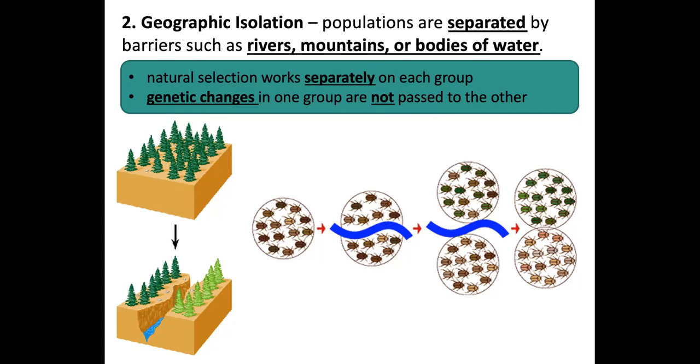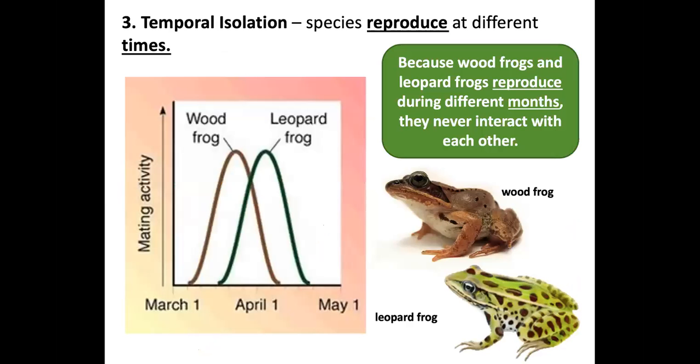The last one is temporal isolation. This is when species reproduce at different times. So, for example, the wood frog reproduces between March 1st and mid-April, April 1st actually, looking at the graph.